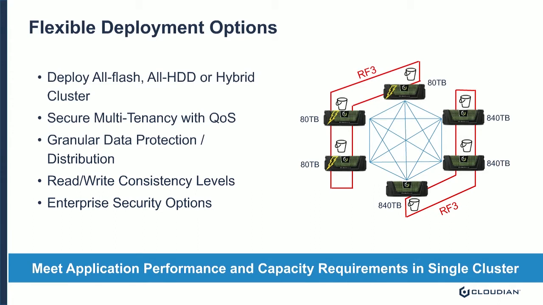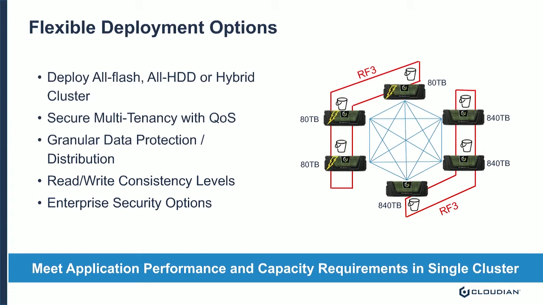But you also have the full enterprise capabilities around secure multi-tenancy, QoS. You have granular bucket-level data protection. You have the security options around WORM, FIPS, Common Criteria, and all the RBAC and IAM integration.